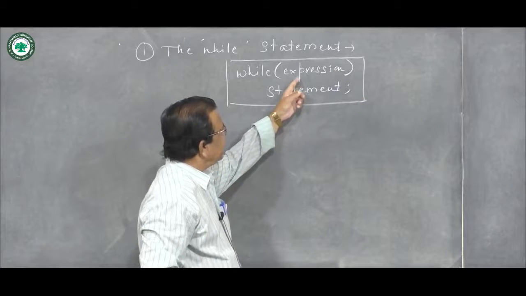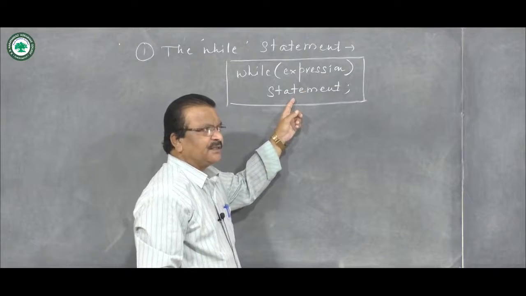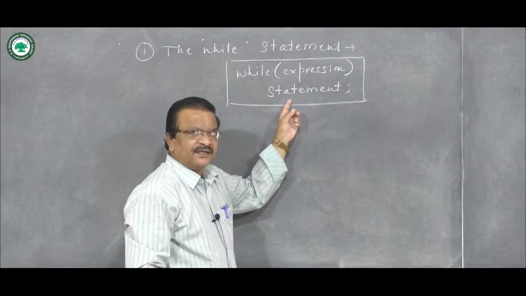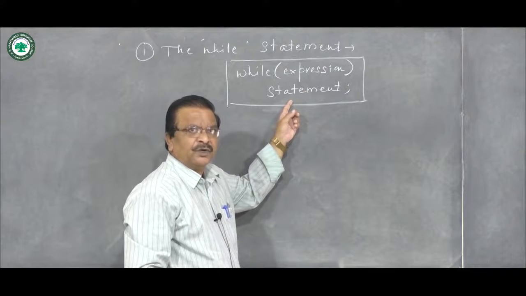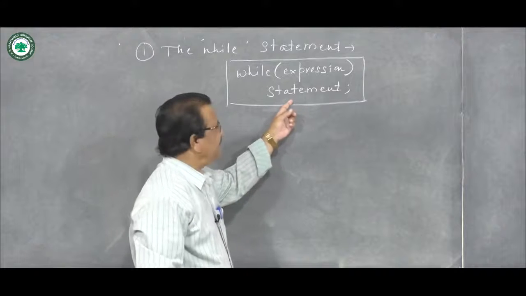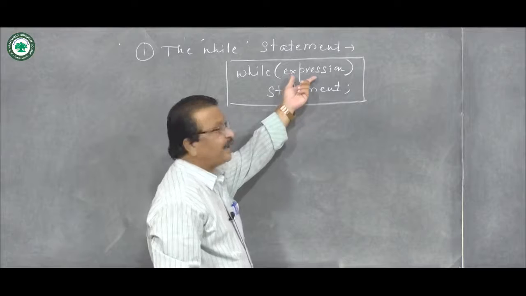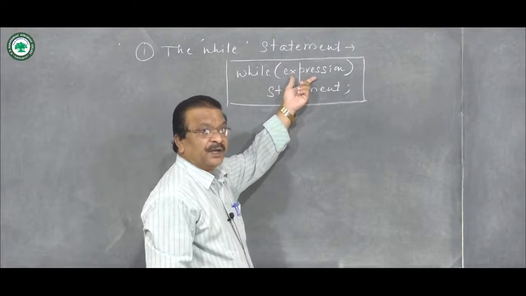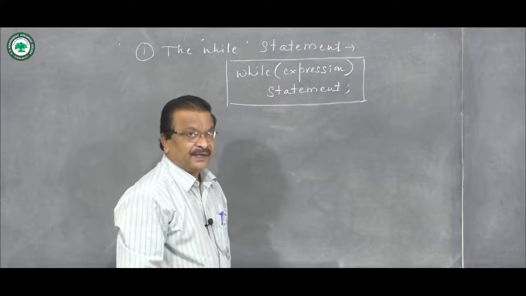The expression is evaluated, then the statement is executed. The statement is either a simple statement or a compound statement, though usually it is a compound statement. The statement gets repeatedly executed as long as the expression is true, and when the expression becomes false, the loop is terminated.